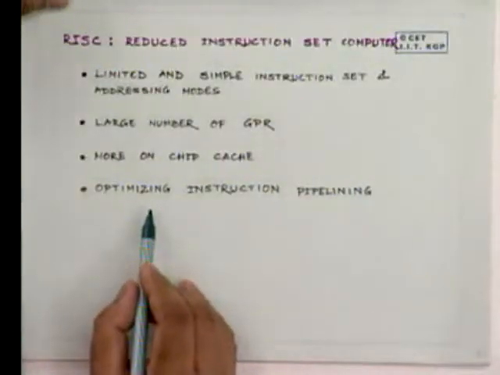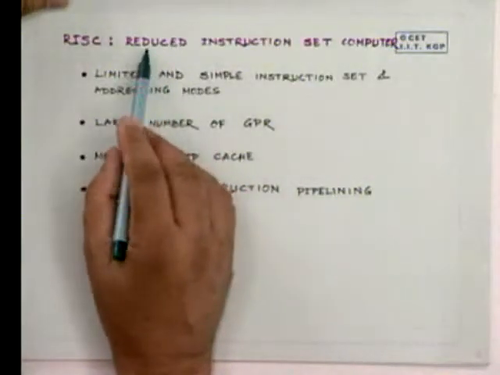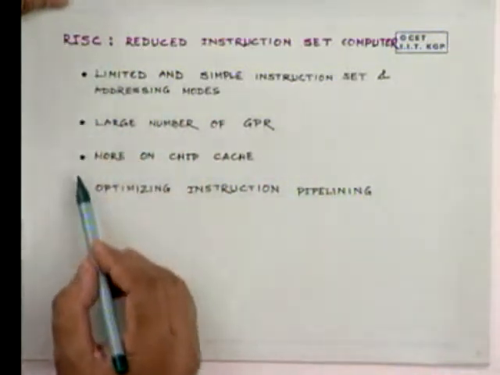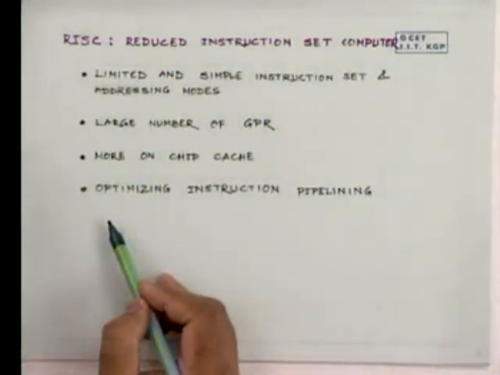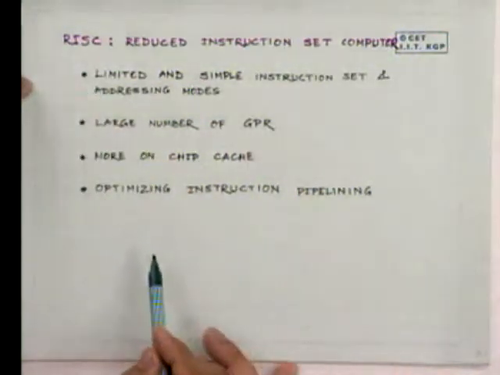One important basis for bringing in a reduced instruction set is this: though you can have a very complex instruction set and very powerful instructions, your high level language program has to be converted into machine language automatically by a compiler, and many times the compilers cannot exactly fit that complex instruction to a high level language construct.